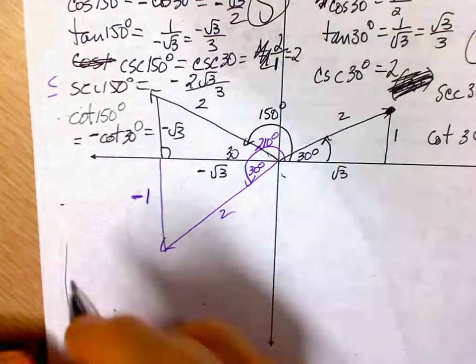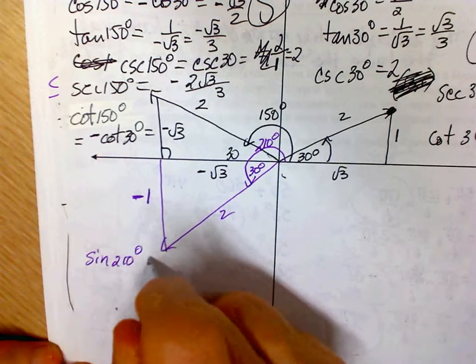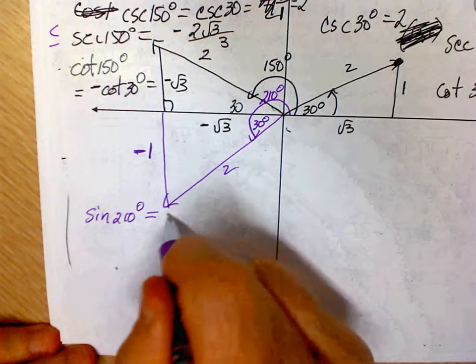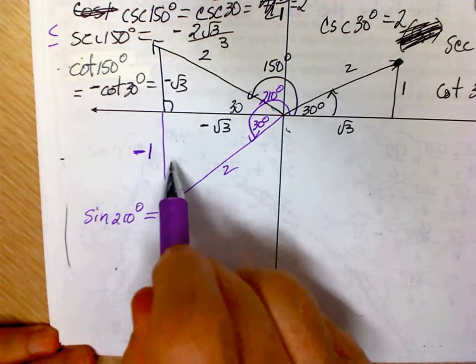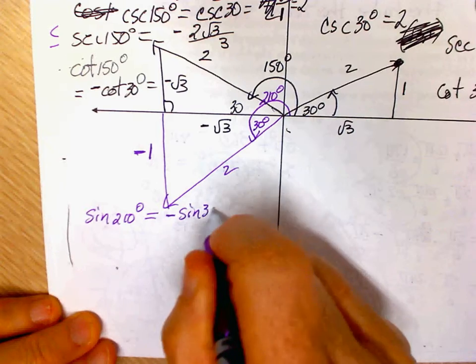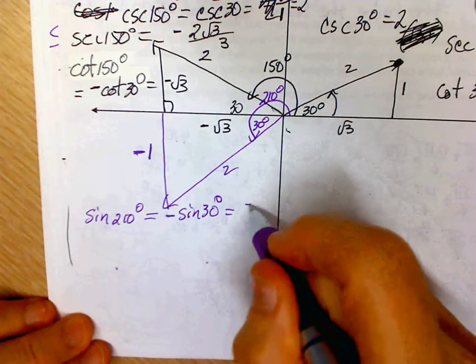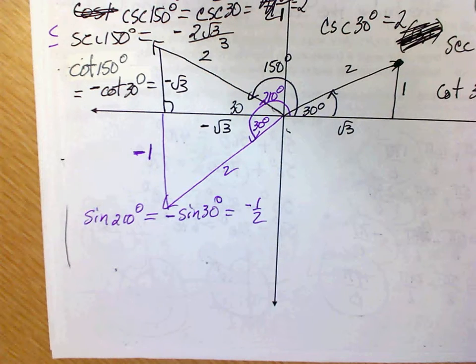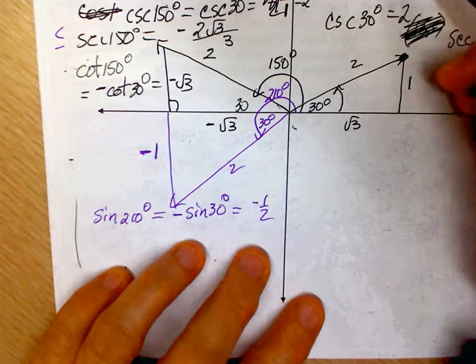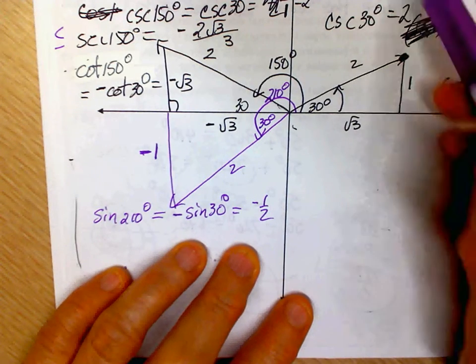So sine of 210 degrees is equal to the negative, right? Because here it's going to be negative. Negative sine of 30 degrees, and that's going to equal minus 1/2. The magnitude will be the same, just the sign is different.